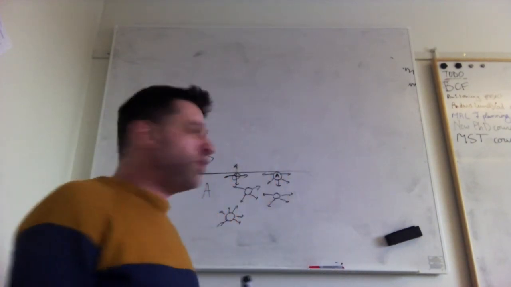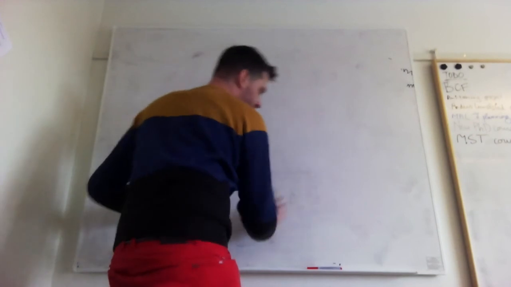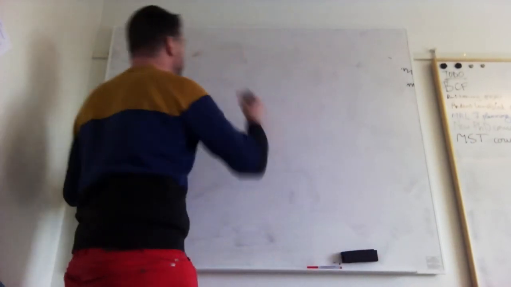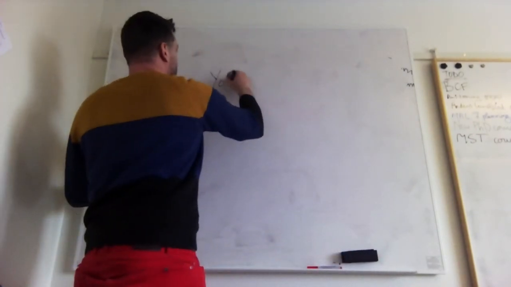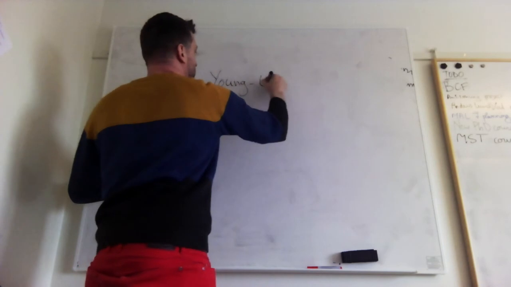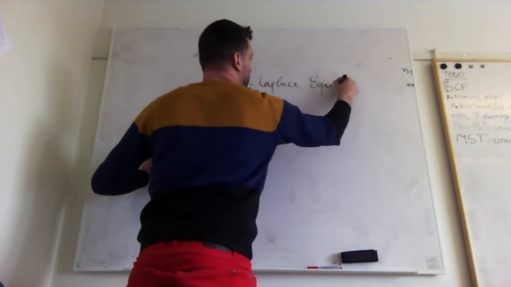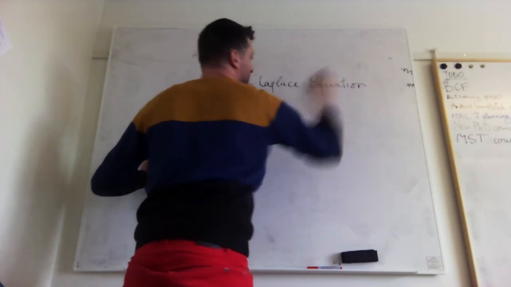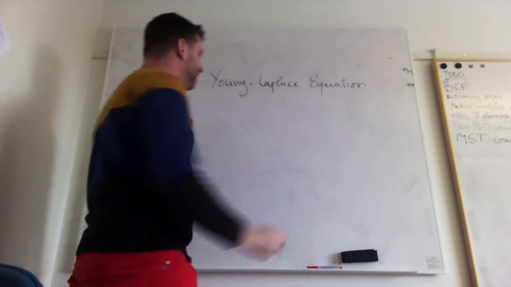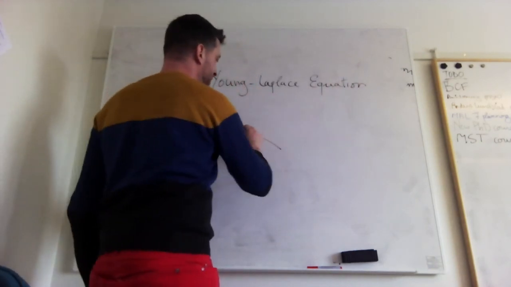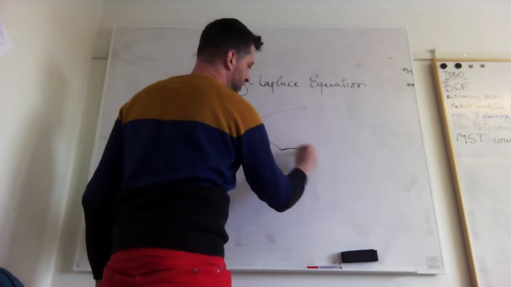And there is a formula that explains that, and that formula is called the Young-Laplace equation. Basically it says that if I consider a curved surface that can look, for example, something like this, this is a section of a curved surface.